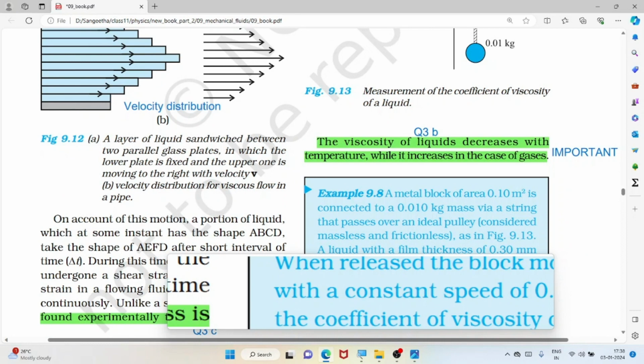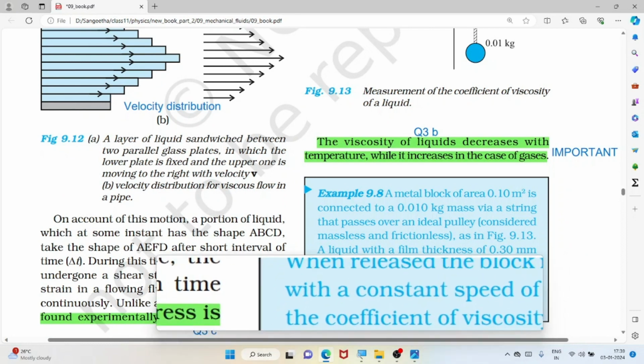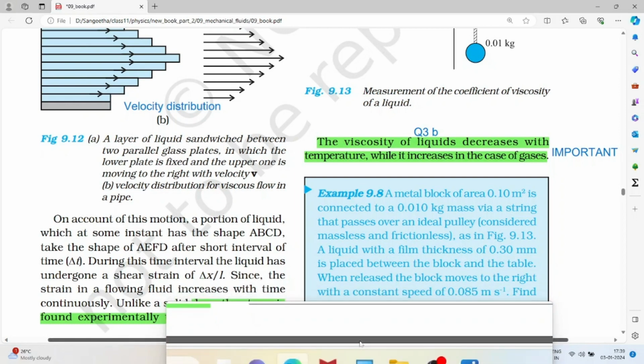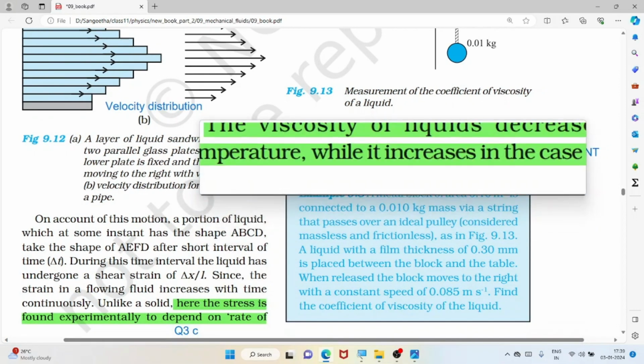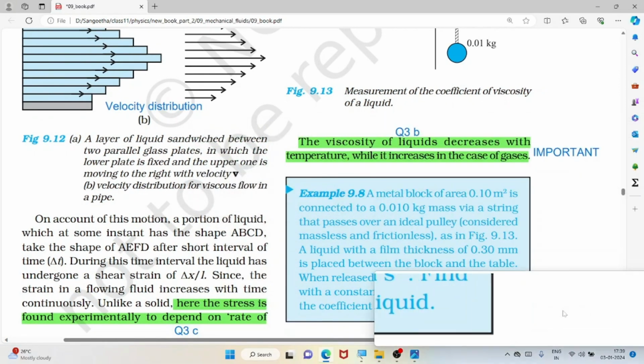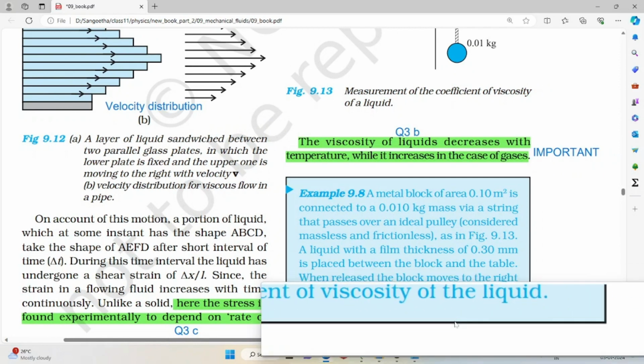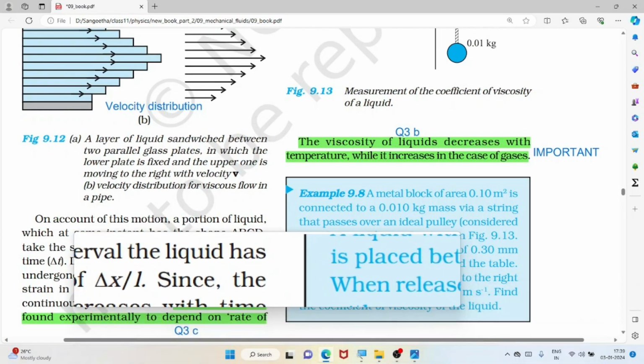The viscosity of a liquid decreases with temperature, but increases in the case of a gas. So the viscosity of a gas increases with temperature, and the viscosity of a liquid decreases with temperature.